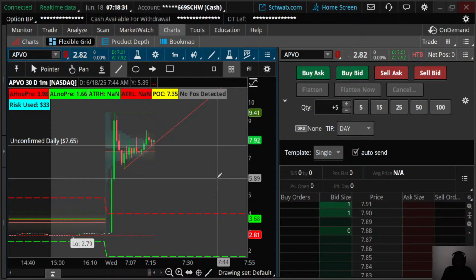May continue higher here. I want to see this candle close though. Very tricky right there at that 765.